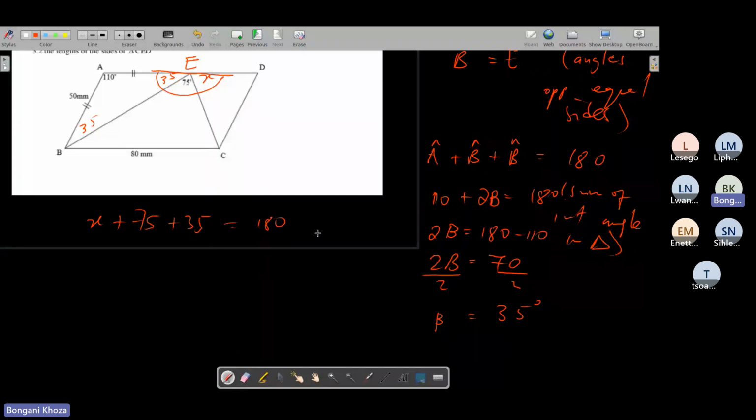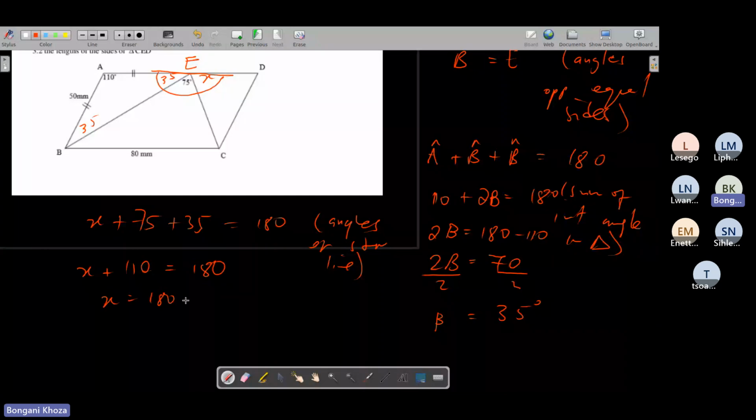So here I have X plus, what does this give me? 75 plus 35, I think it's 110. It's equal to 180. And then from there, X is equal to 180 minus 110. I'll have X being equal to 70. So that means the angle over here is 70.